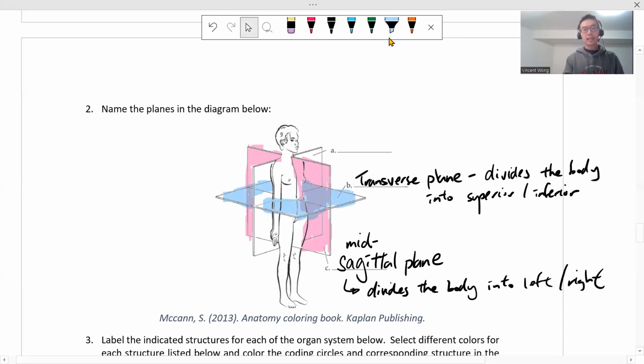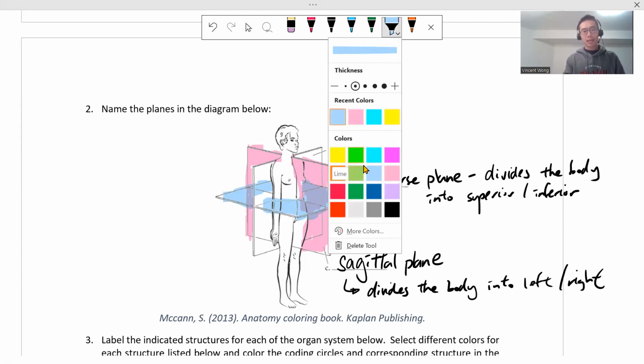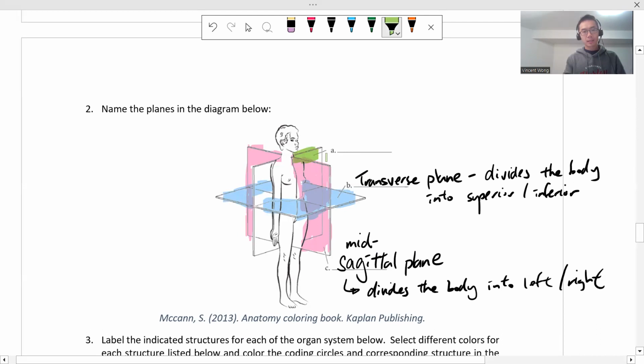And then finally, we can also cut this way.